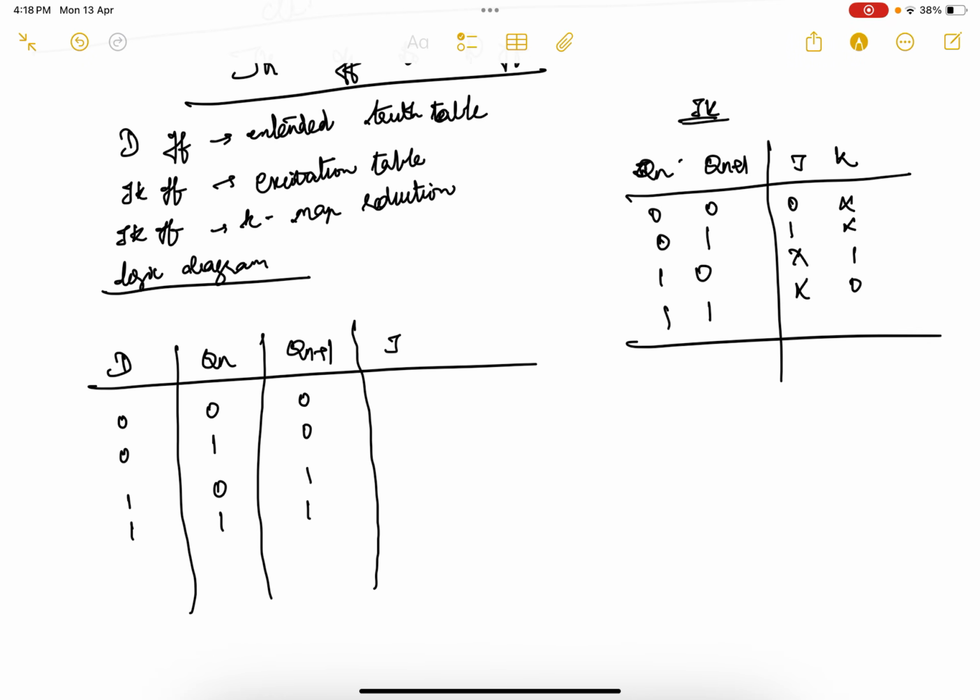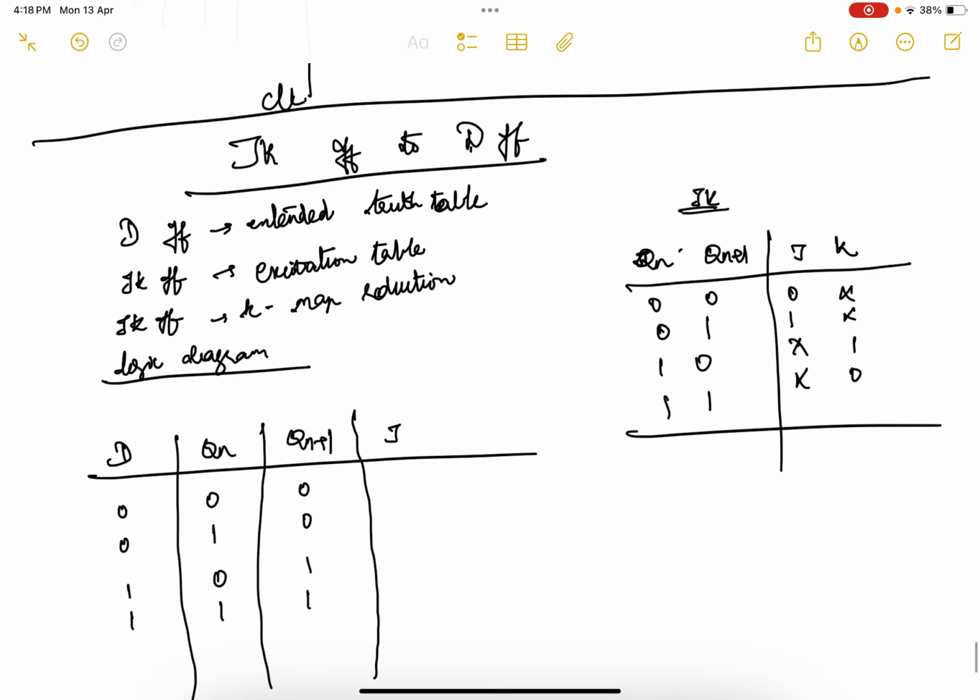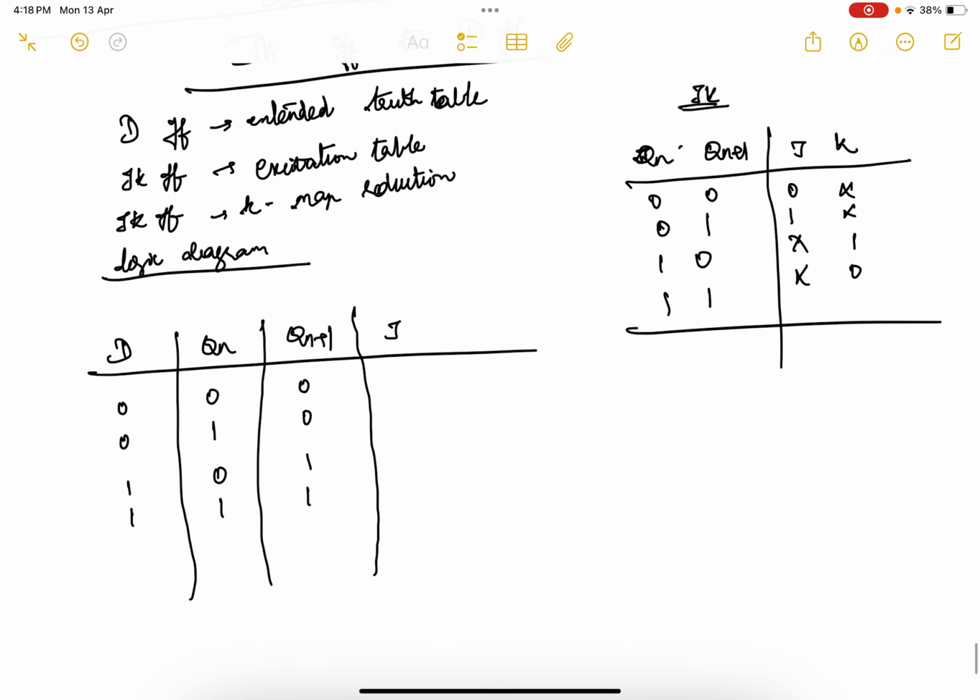Now we want to extend this to JK. So where my inputs are 0 and 0, it will be 0x. For 1 0 it is x1. For 0 1 it is 1x, and for 1 1 it is x0.